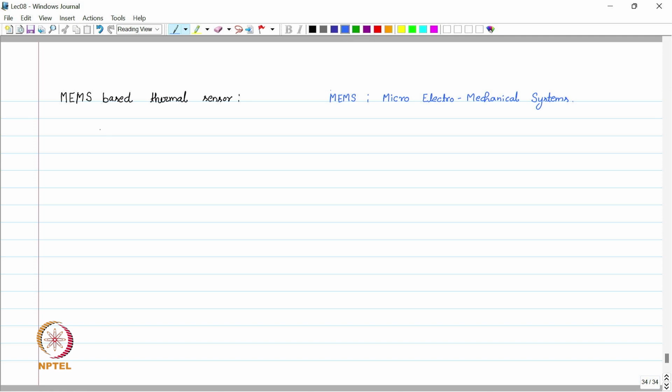We use a material which is called, let's say, vanadium oxide. For this material, mechanical properties are temperature dependent.